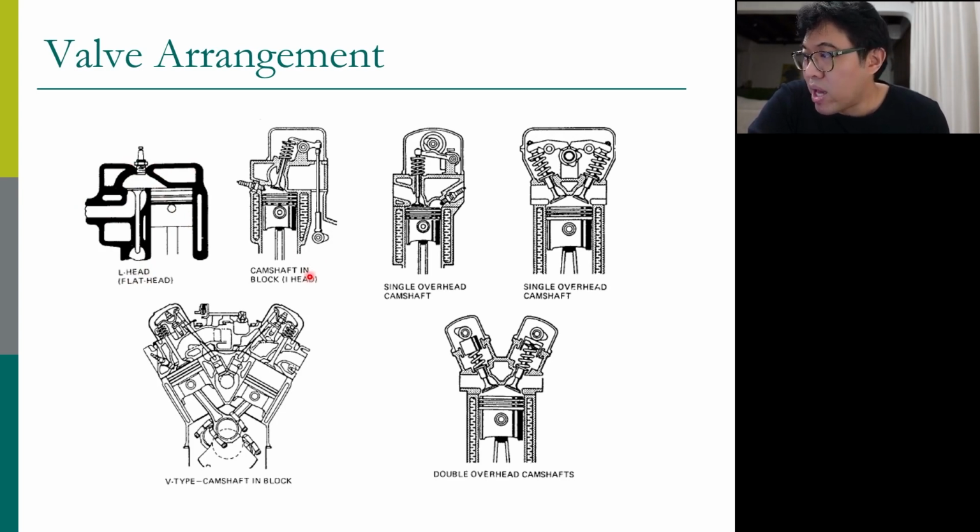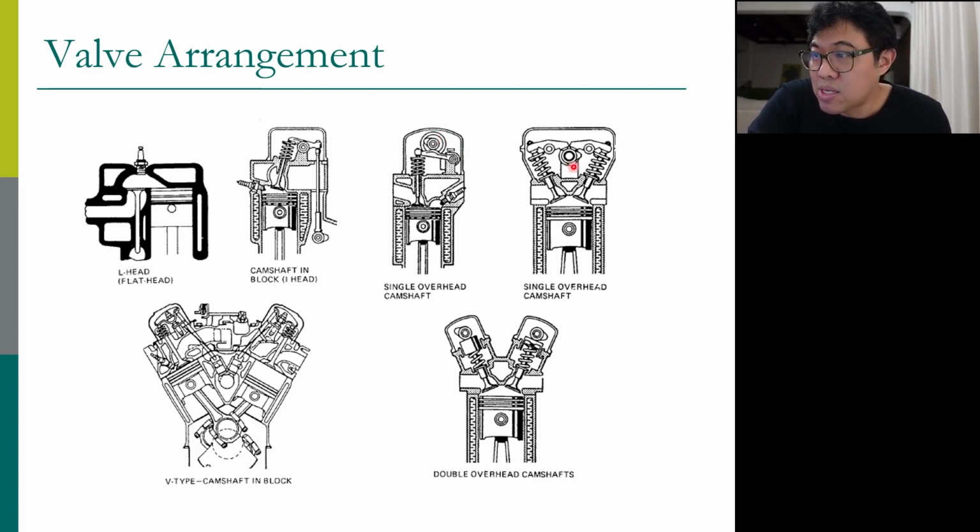You can also have the camshaft in the engine block. Down here is the engine block, up here is the engine head. You can have the camshaft in the block and connect it to the valve on the top. You can have an overhead camshaft with only one camshaft, where this camshaft has to serve intake and exhaust.